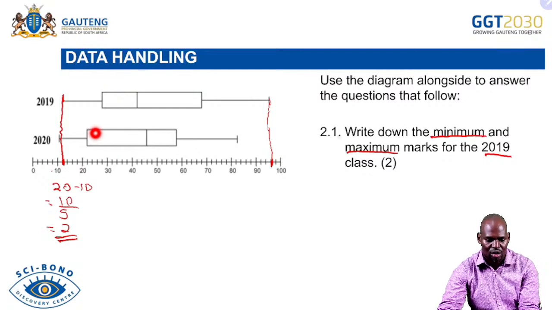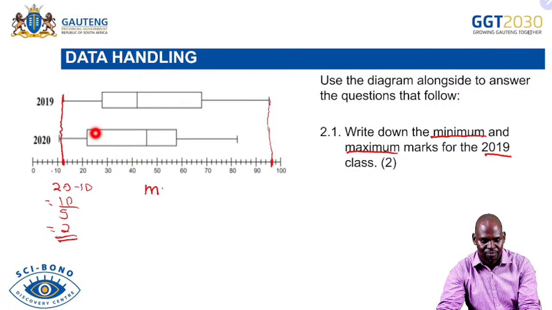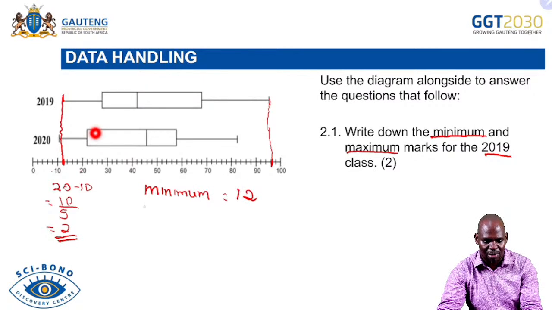Okay, so in simple terms, we say now our minimum, you don't even have to do the calculation, the minimum is 12, and then the maximum is 96. I think these are in the form of a percentage.